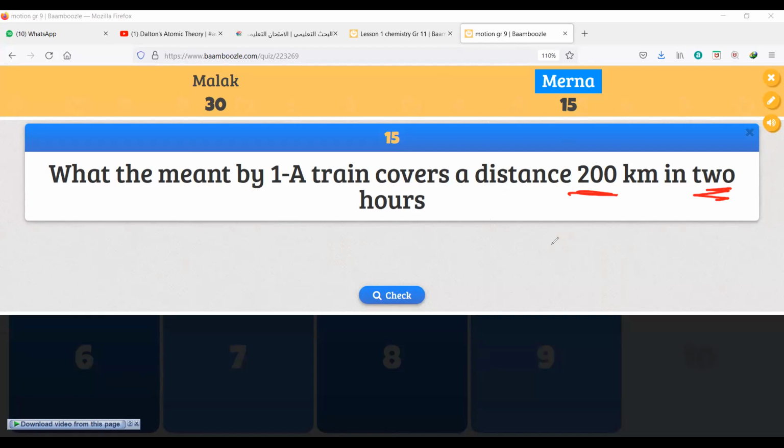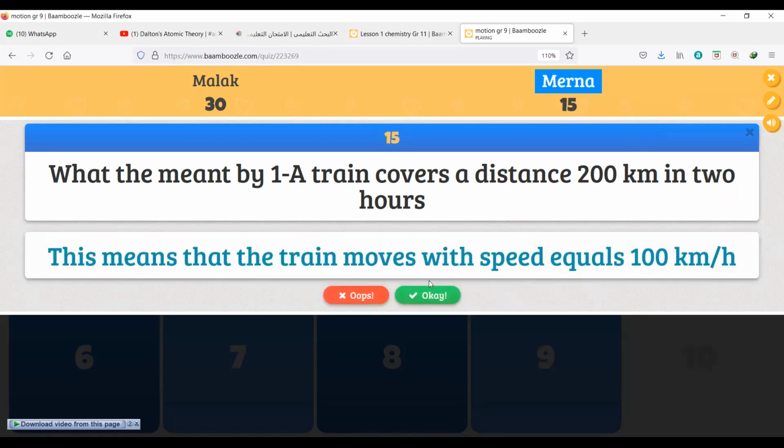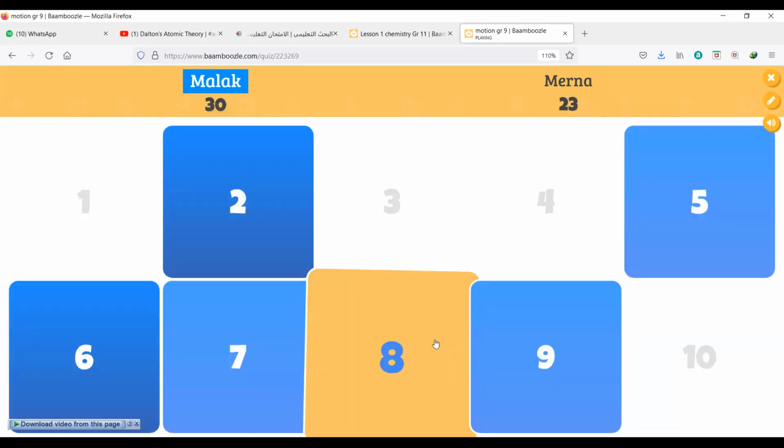We are going to calculate the distance over time. What is this that equals distance over time? Speed. So it will be 100. Very good. It means that the speed of this train equals 100 kilometers per hour.